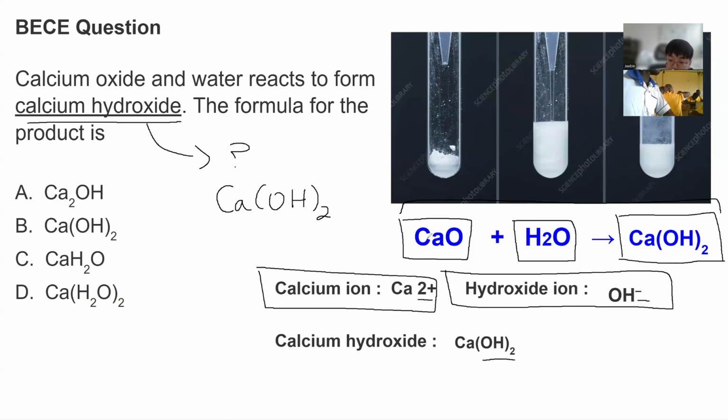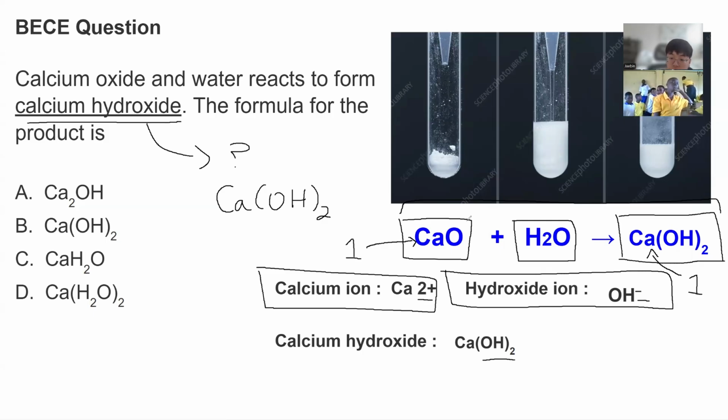In the reactant, there is only one calcium, right? Does everyone agree? One calcium over here. How about on the right? How many calciums are on the right? One, yes. One calcium on the right.